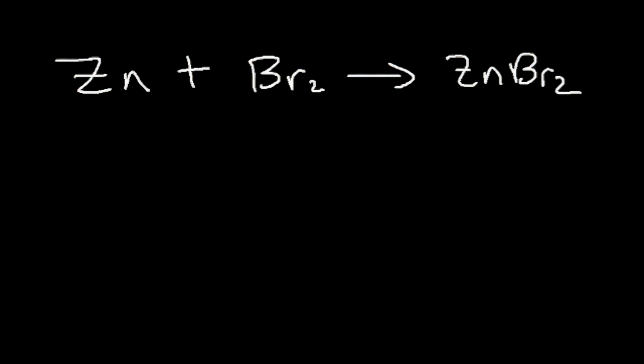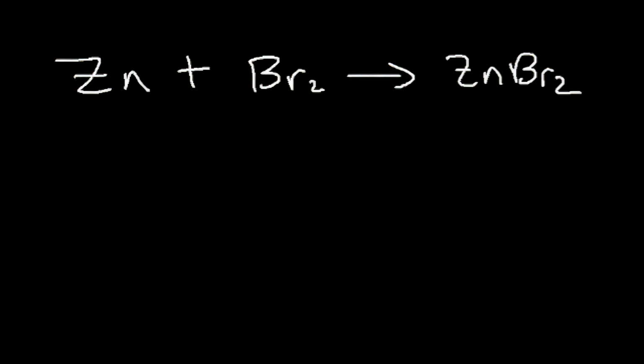So is this reaction a redox reaction? Notice that we have zinc as a pure element and zinc within a compound. So when you see that, a pure element on the left, compound on the right, or vice versa, it's a redox reaction. Now, which substance is oxidized and which substance is reduced? So you need to look at something called oxidation states.